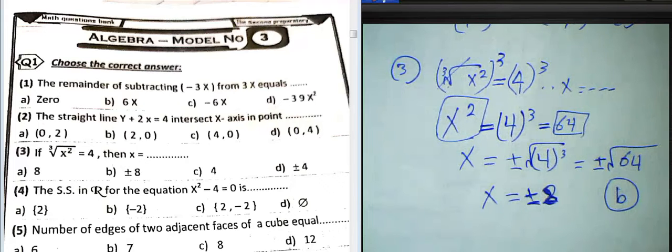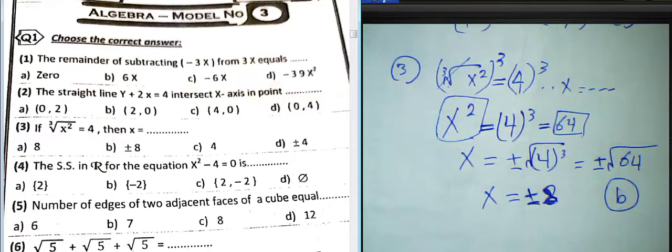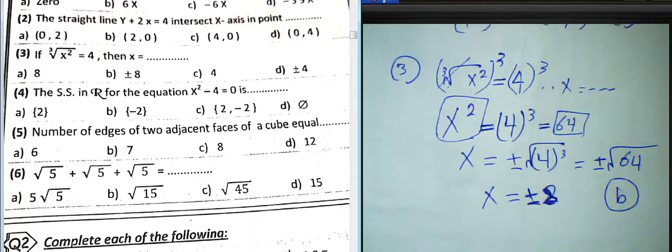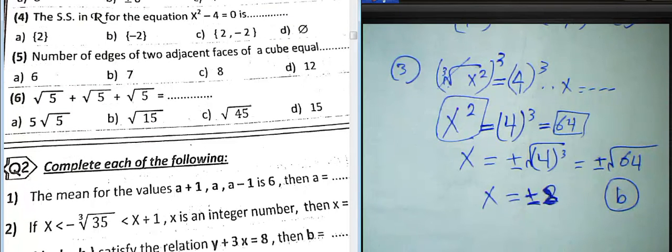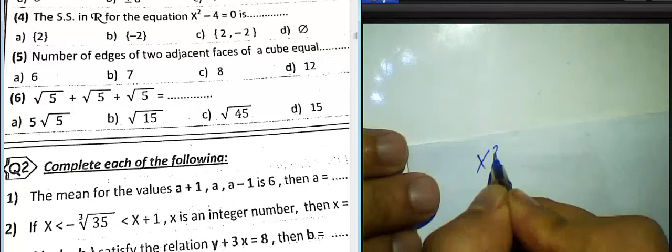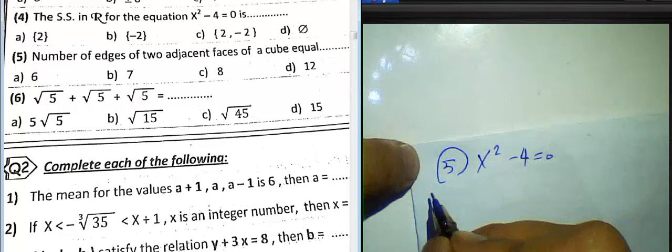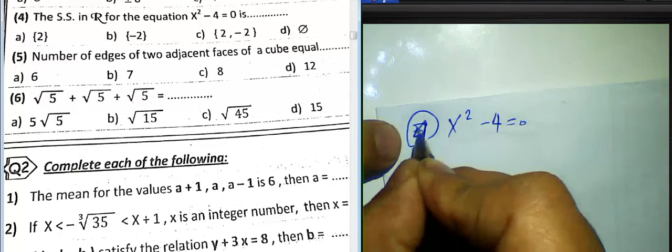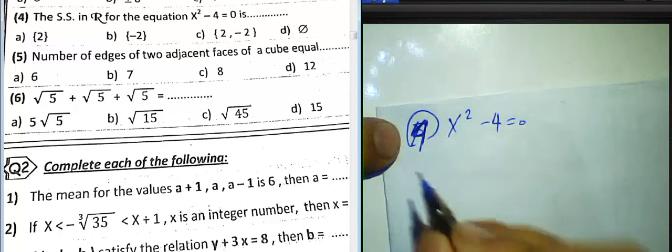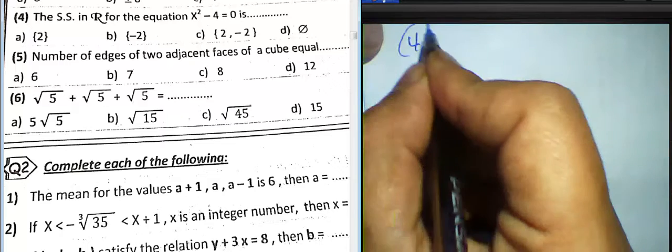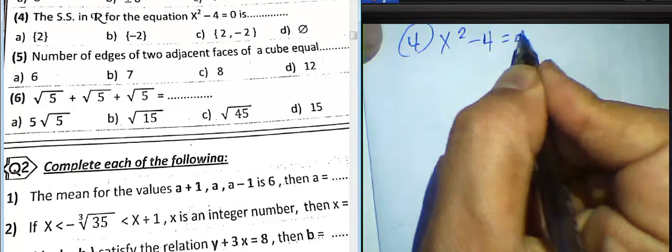Question number 4. The solution set in R of the equation x power 2 minus 4 equals 0. x power 2 minus 4 equals 0.